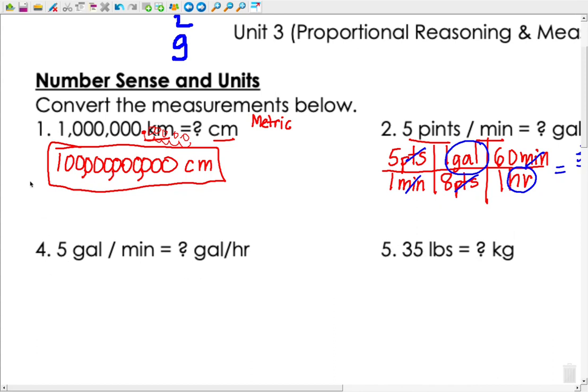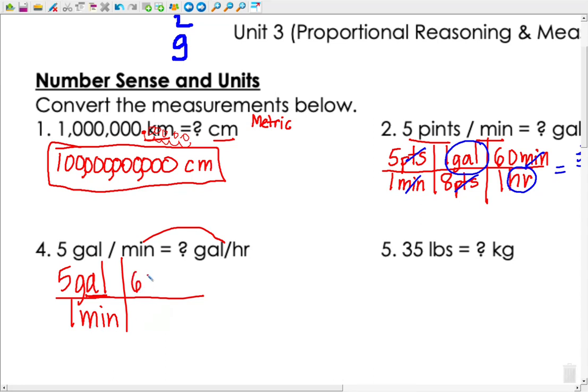We just want to write our first ratio, 5 gallons per 1 minute, and then change from our minutes to our hours because we want to stay at gallons. There are 60 minutes in 1 hour, so I'm going to write 60 minutes over 1 hour.